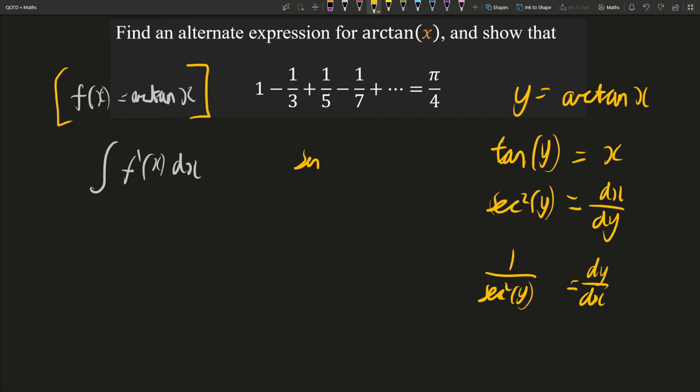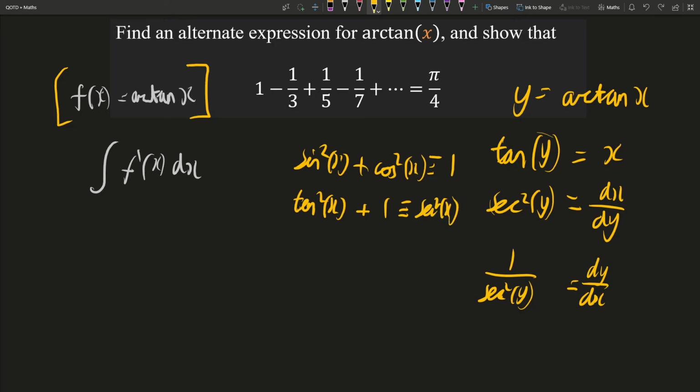A well-known identity is that sine squared x plus cos squared x is identical to 1. And if we divide by cos squared, we end up with tan squared x plus 1 is identical to sec squared x.